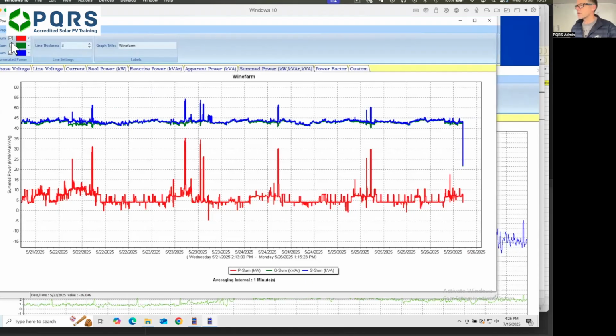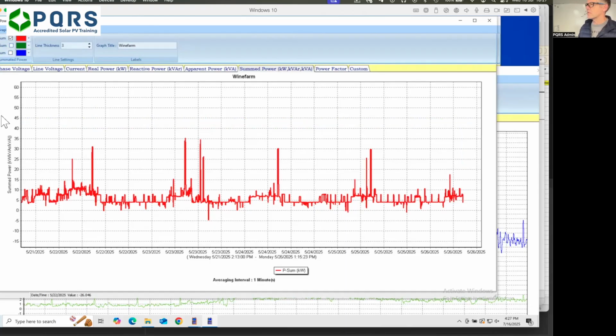When we look at this graph, you'll see exactly the same, the lines have the same colors. So the kilowatts represented by the red line, if we look at that spot over there, we'll see that that was 7.5 kilowatts.